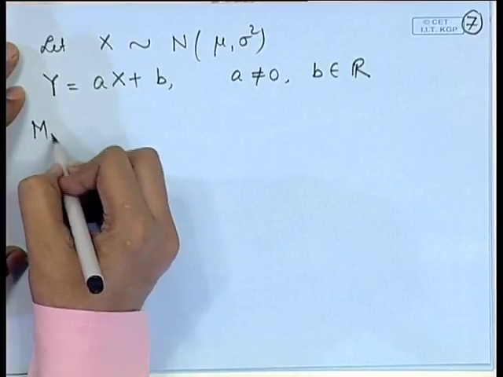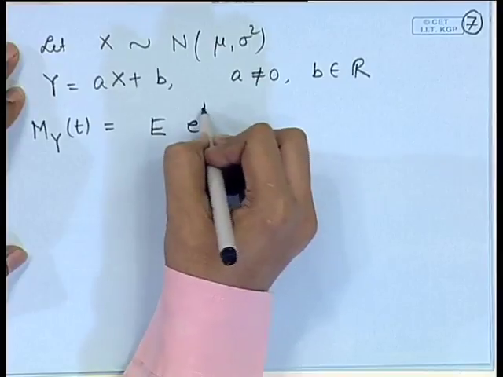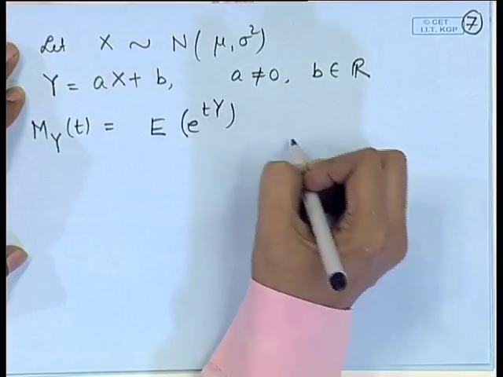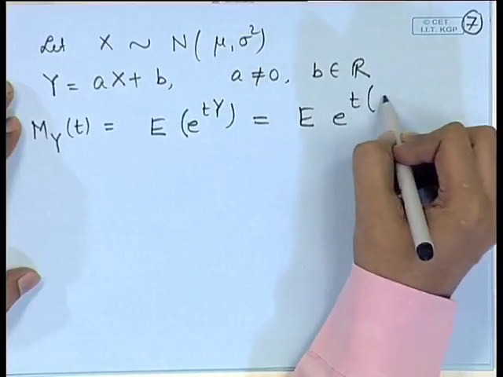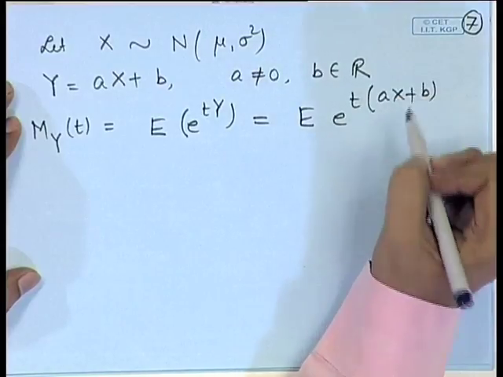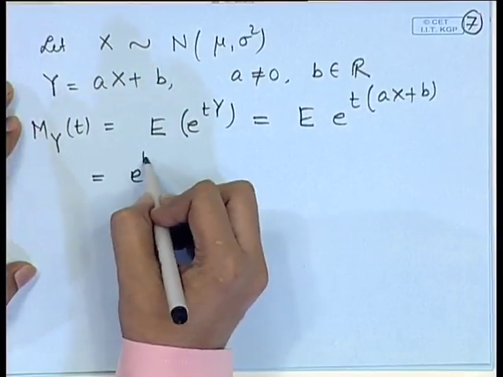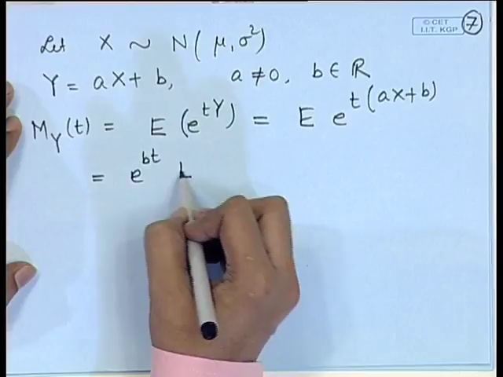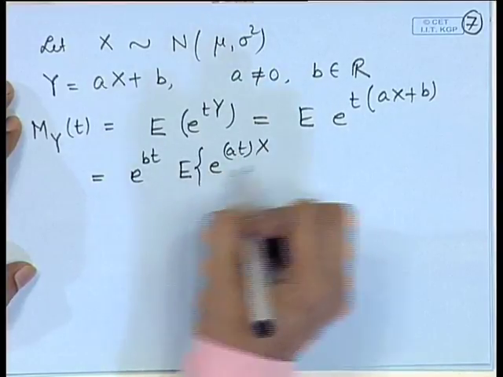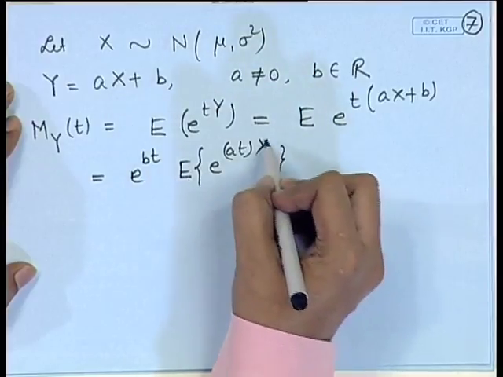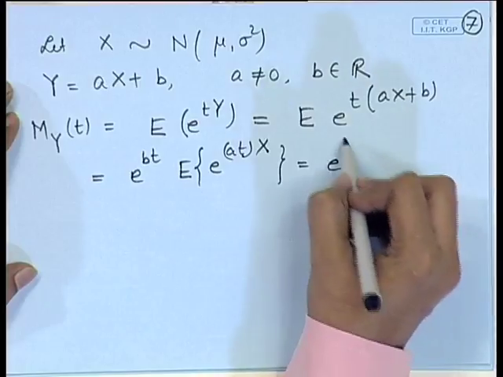Consider the moment generating function of Y, that is equal to expectation of e to the power tY. This is equal to e to the power bt expectation of e to the power atX. This can be considered as the moment generating function of the random variable X at the point at.